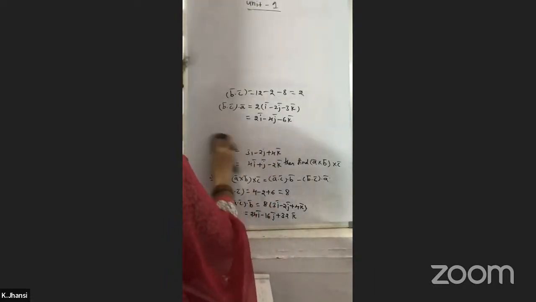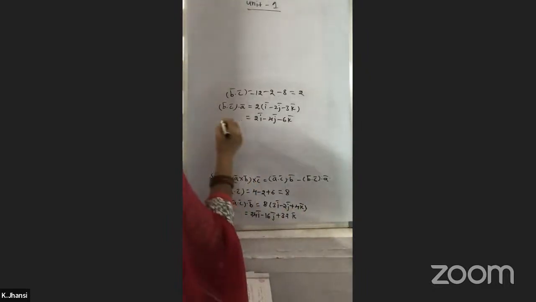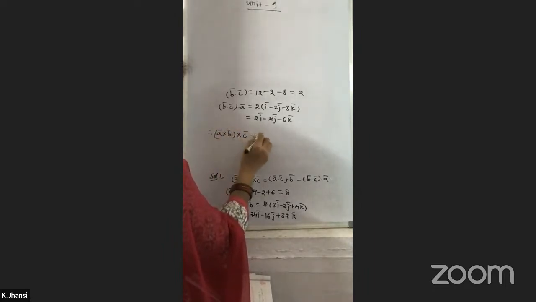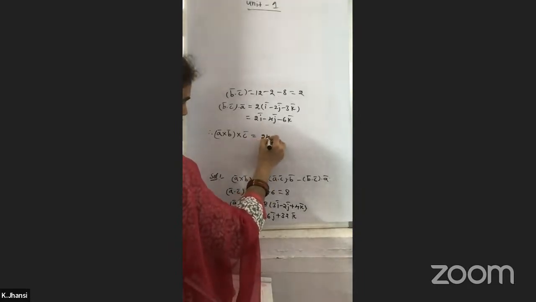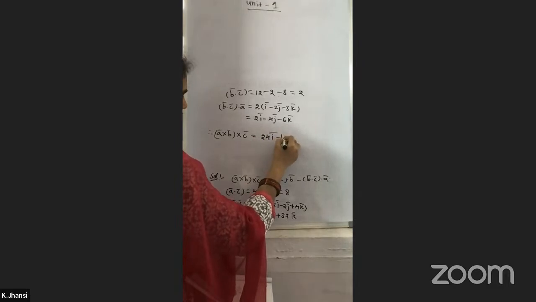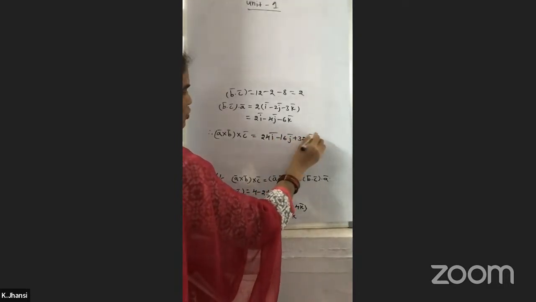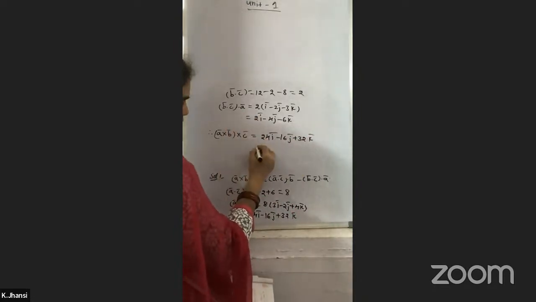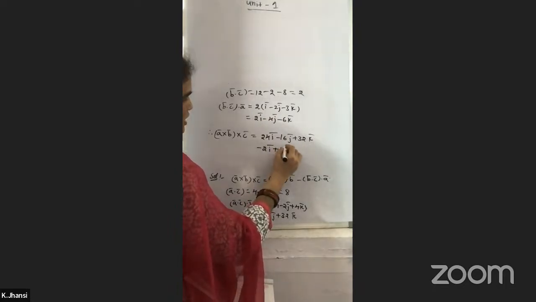Therefore A cross B cross C is equal to A dot C into B. What is that value? 24i minus 16j plus 32k, minus of minus is plus 4j plus 6k.